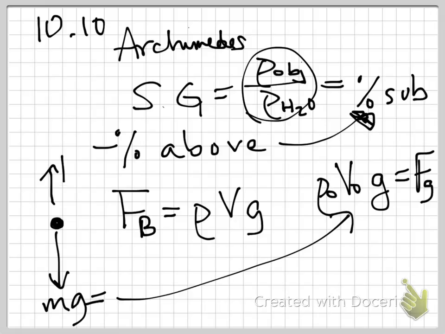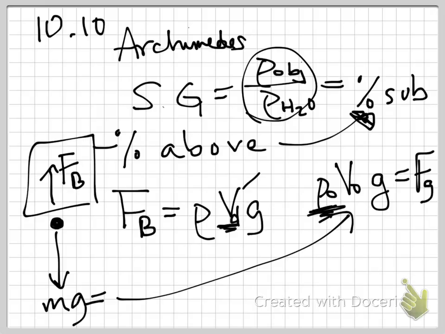The buoyant force only depends on the water that's displaced. So any similar sized object is going to have the same buoyant force. This number will be the same. But if it's a really dense object, mg will be much bigger than FB and it'll sink.